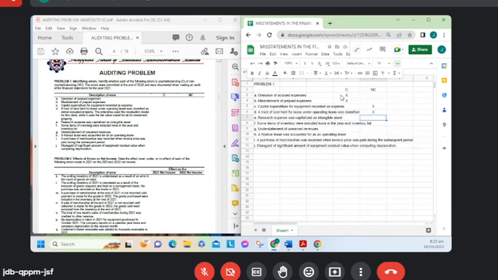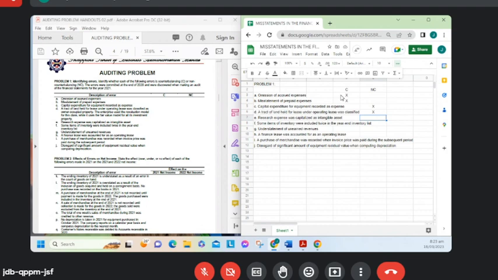Expenses related to research and development of an intangible asset should only be capitalized when the commercial and technical feasibility has been achieved. But in this case, it's under research phase pa lang. So it should be expensed out rather than capitalized.